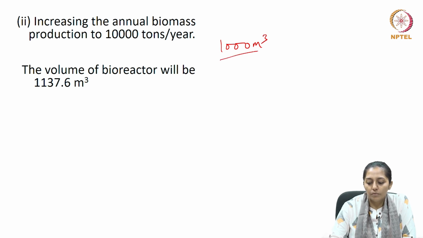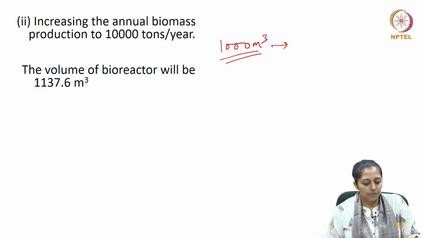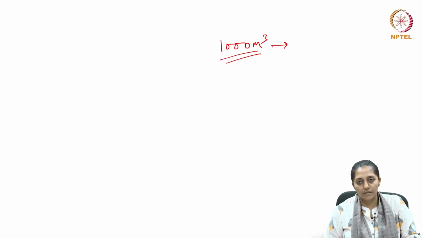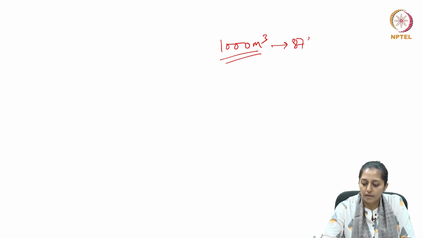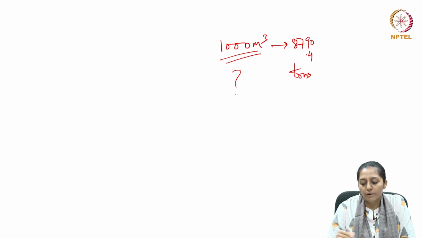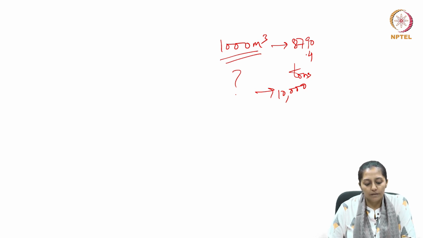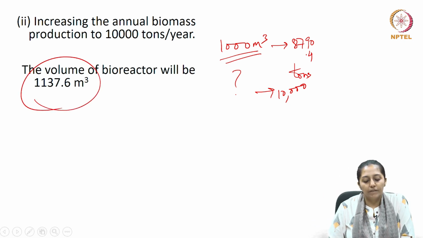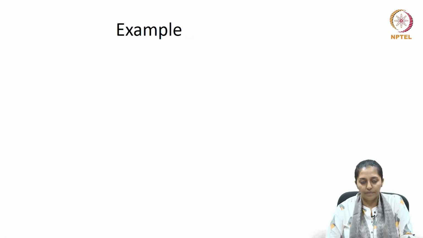If the 1000 meter cube reactor gives us from the first part 8,790.4 tons per year, then what volume will be needed for 10,000 tons? Both are on a per year basis. So, that is a straightforward problem, and the answer is 11,037.6.